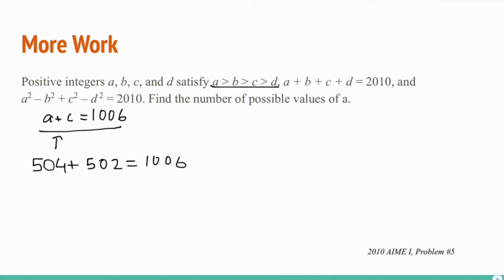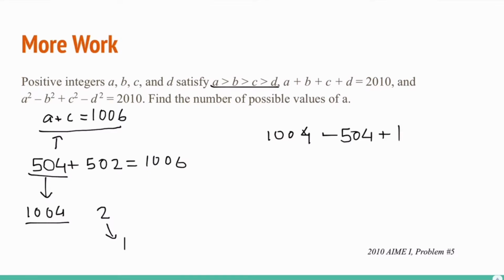Then we see that a can go all the way to 1004, passing all the integers between, because then c will be 2 and d will be 1. And d can't be anything lower than that, so that's the largest possible value of a. And that's the smallest possible value. So if we subtract the values and add 1, we get the number of possible values that satisfy these equations, which is 501.